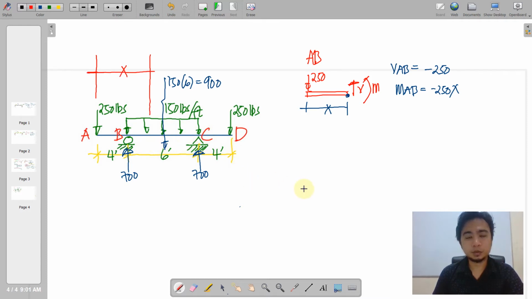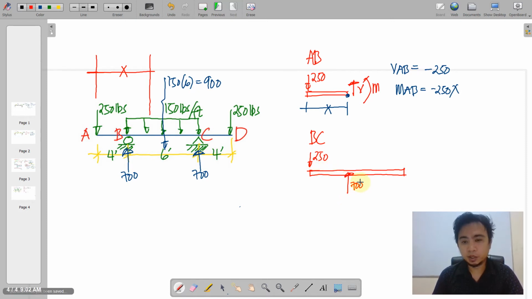Then we transfer this x within the boundaries of BC. We just have to transfer that one along this boundary BC. Then we have the illustration. Of course, we have here 250, the 700 here, and the sliced distributed load here. This is 150 pounds per foot, so we wanted to resolve its resultant.